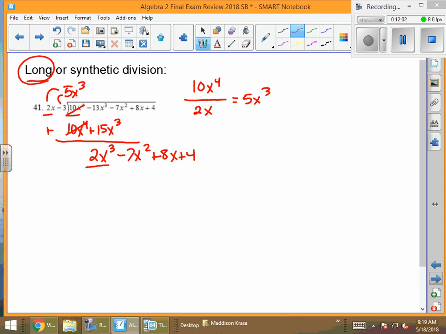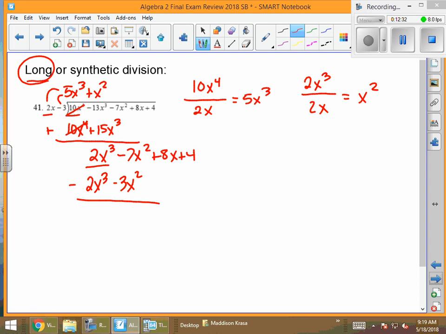We take our front term, 2x cubed, divided by our front term of 2x for our divisor. And here, we're left with an x squared. So that's the next part that goes on top. And then we multiply again. x squared times 2x is 2x cubed, and x squared times negative 3 is negative 3x squared.